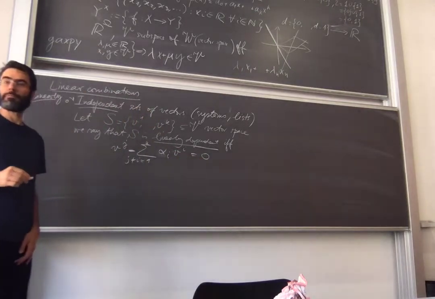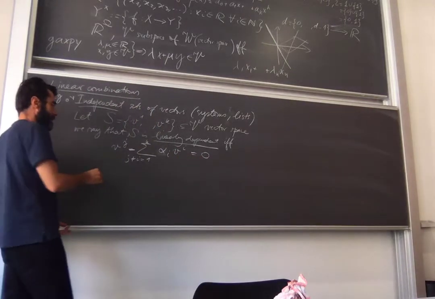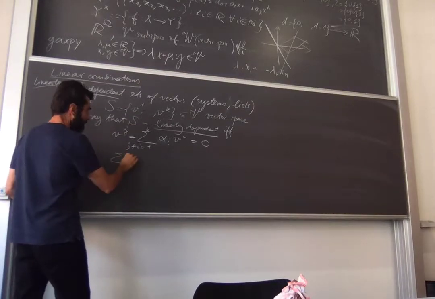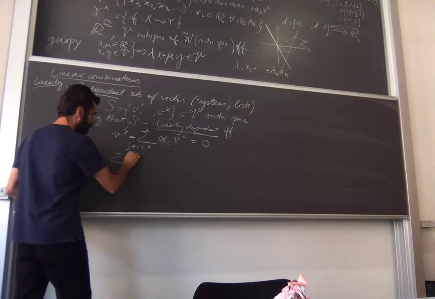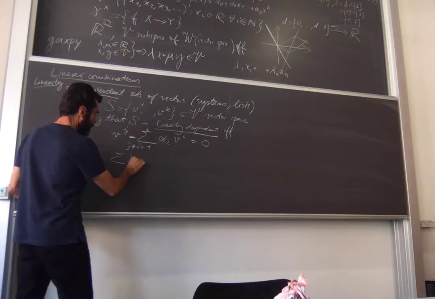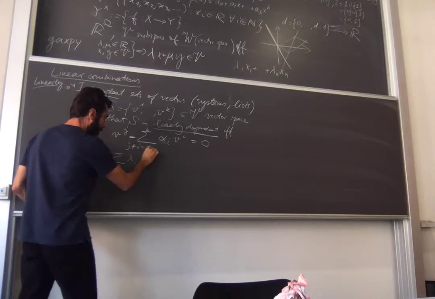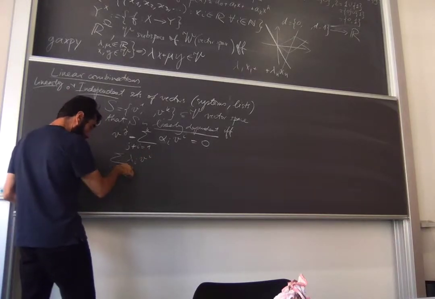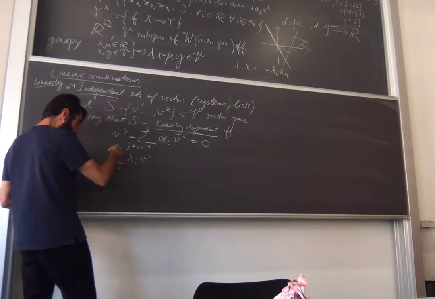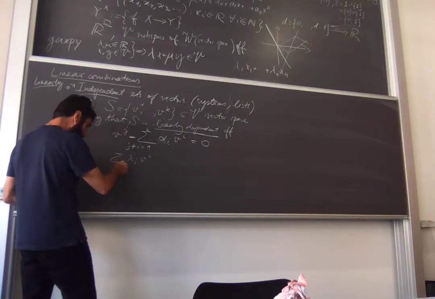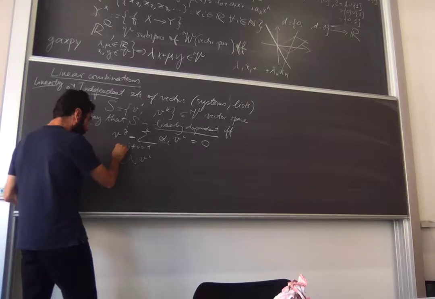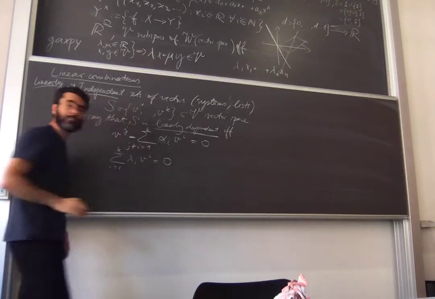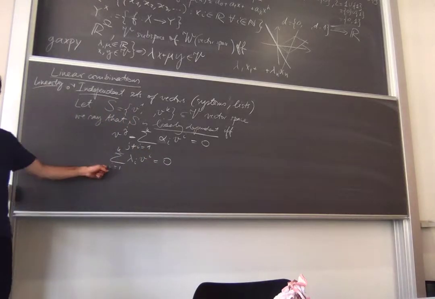Which is the same thing as saying that the sum of lambda i, Vi, and now I don't need to exclude anymore because lambda j is 1 and is included here. So i going from 1 to k equals 0. This is the definition of linear dependence.